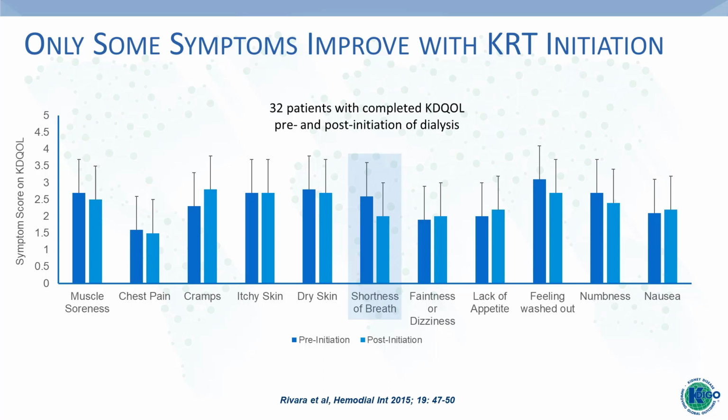I've highlighted here the shortness of breath, but then there are other symptoms also, such as anorexia or uremic encephalopathy. They all get better, but then there are others that don't, such as muscle soreness, chest pain, cramps, dry skin, and others. And in fact, if you look at cross-sectional studies of people that have advanced chronic kidney disease and compare them to those that are on dialysis, the symptom burden is similar.